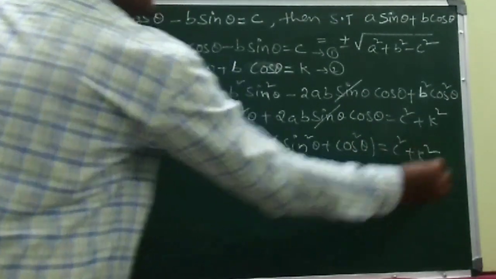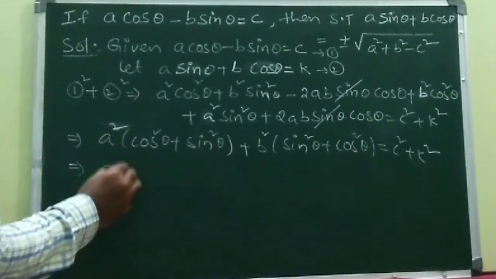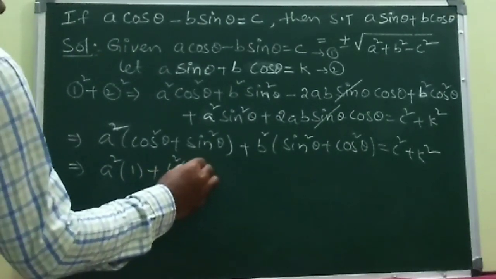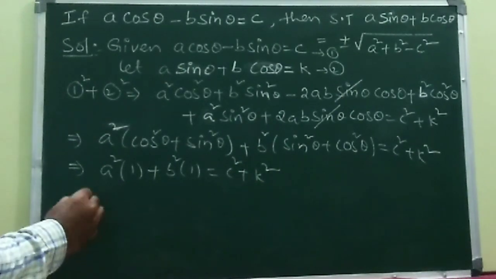From this, a square into 1, using the standard result, plus b square into 1, equals c square plus k square.